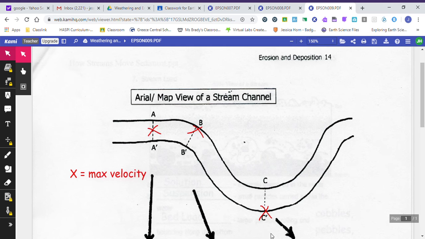Probably not going to want to build my house over here, because eventually that whole area is going to get eroded away. Now, could I build my house here on the inner part of the curve? Yep. Water is nice and slow there. There's absolutely no chance that that's going to erode away. It might actually be going so slow there that it would deposit sediment, and you might have a little beach after a number of years.